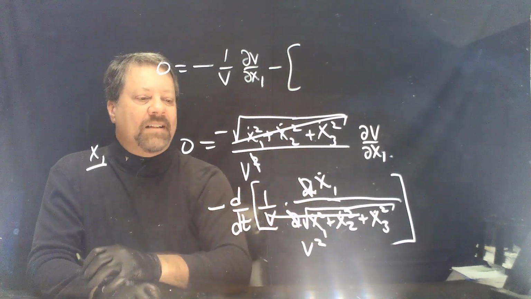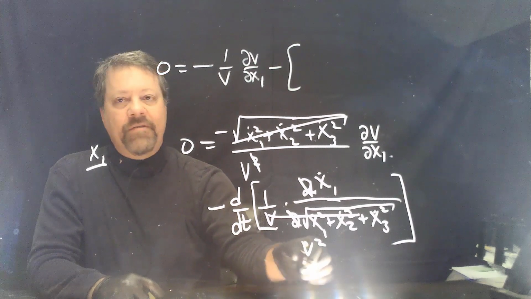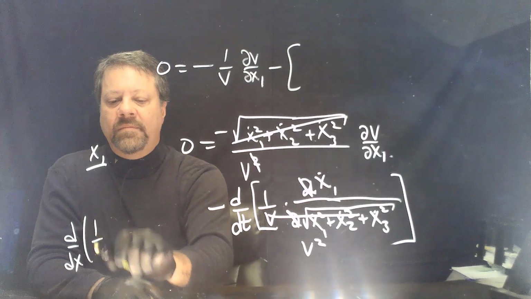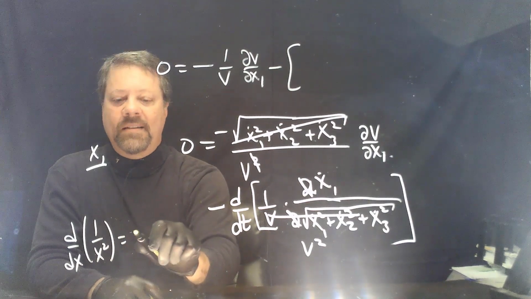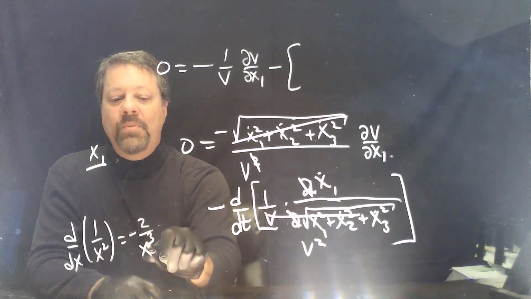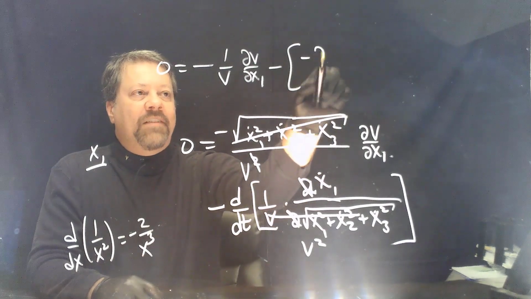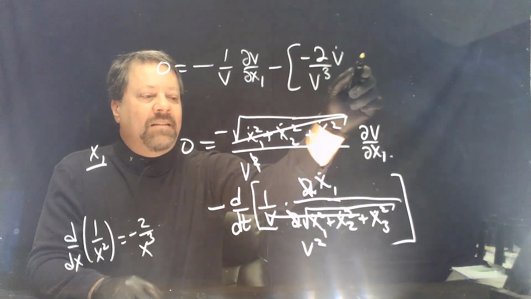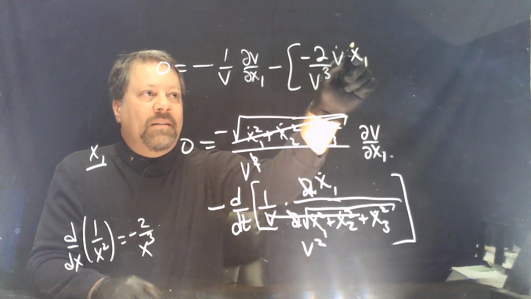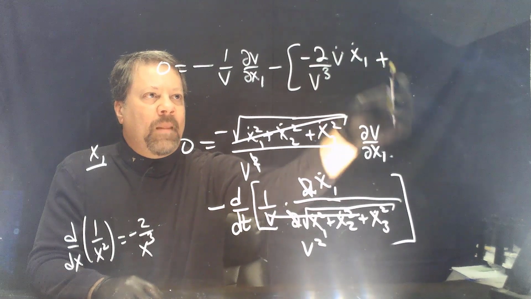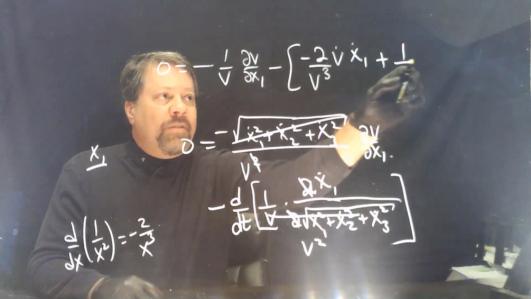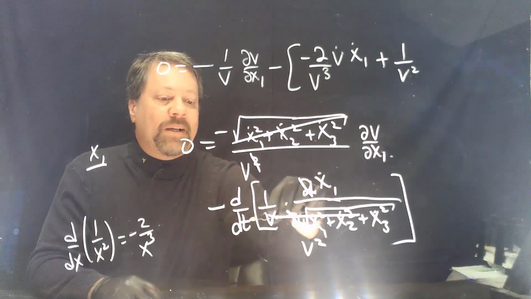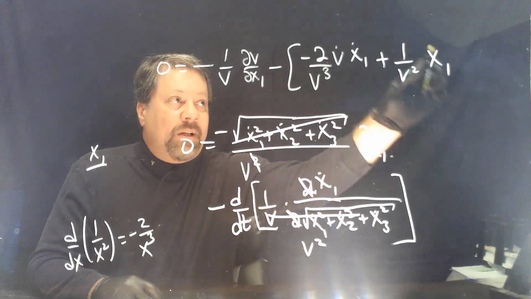So what is it? Well, the derivative of 1 over x squared is what? Negative 2 over x cubed. So we should have negative 2 over v cubed times v dot, all times this x1 dot, plus 1 over v squared times the derivative of x1 dot with respect to time. That's x1 dot dot.